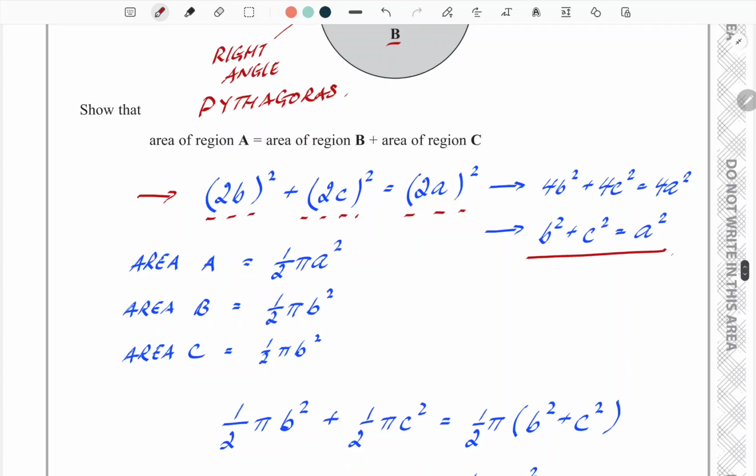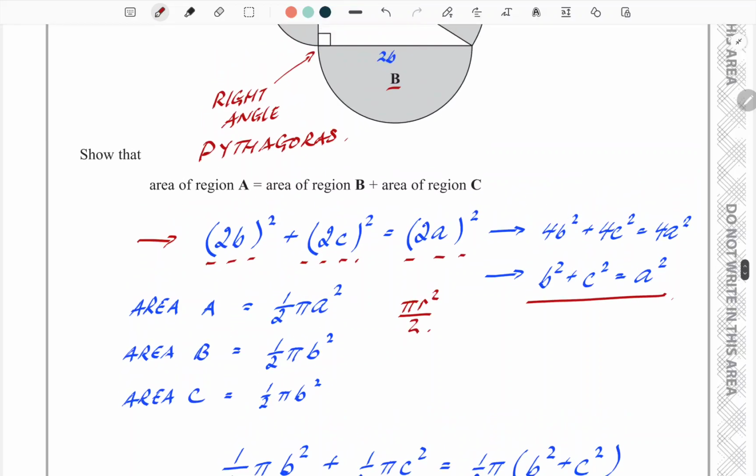Okay, next, applying a straightforward little bit of circle knowledge, right? Area of a circle, remember, is πr², and the area of a semicircle is obviously going to be half times that, all right? So over 2, okay? So for A, the area of region A as they call it in the question is half times what would be the area of the full circle, which is πa².